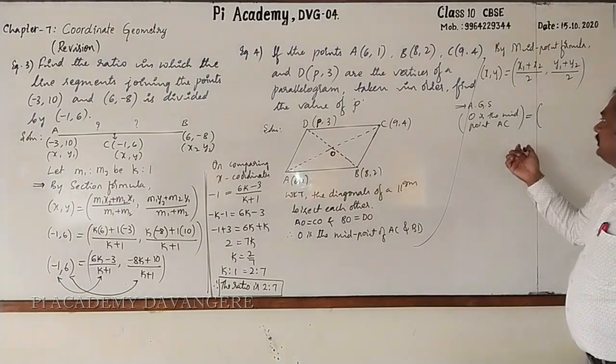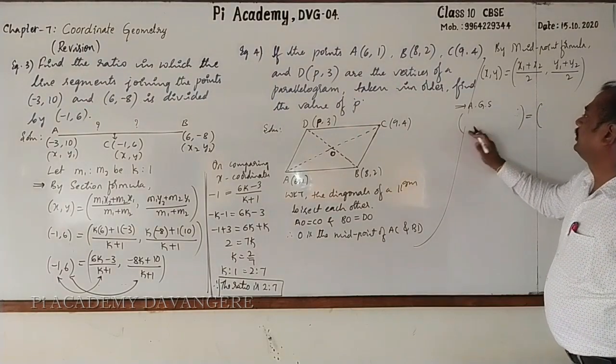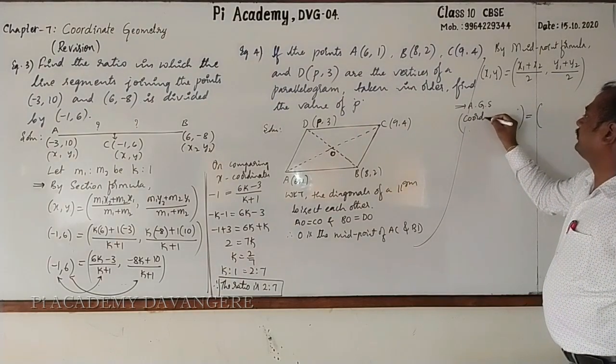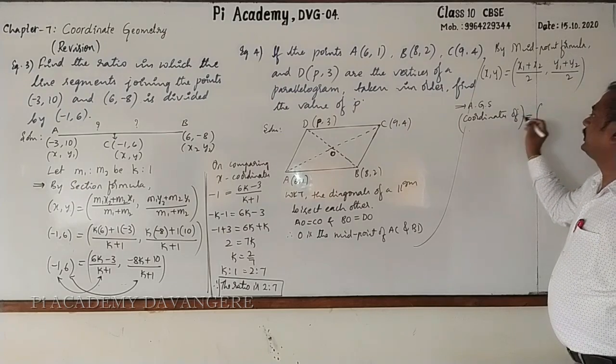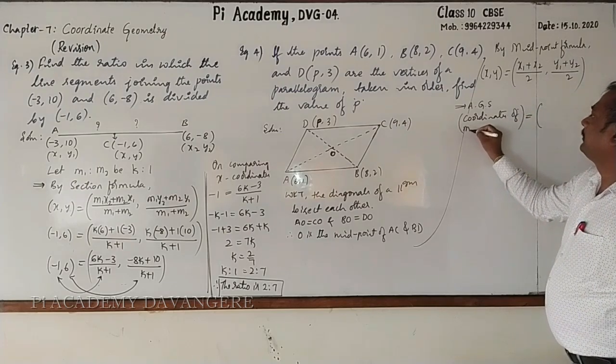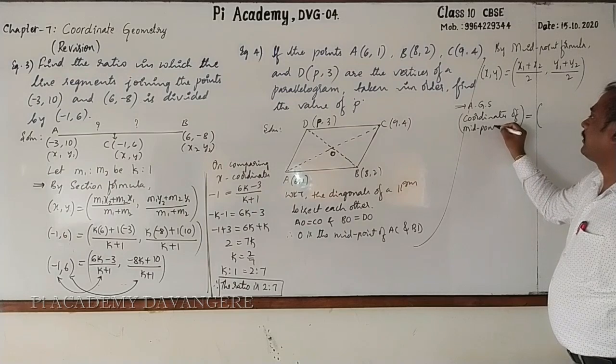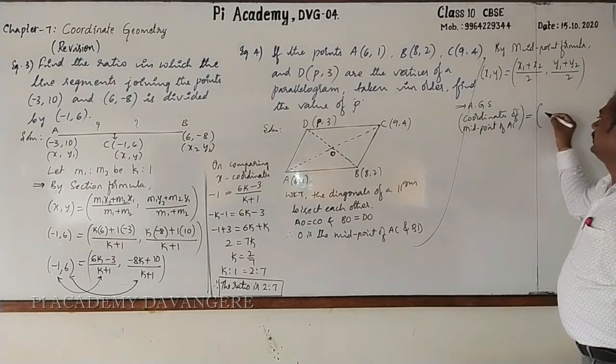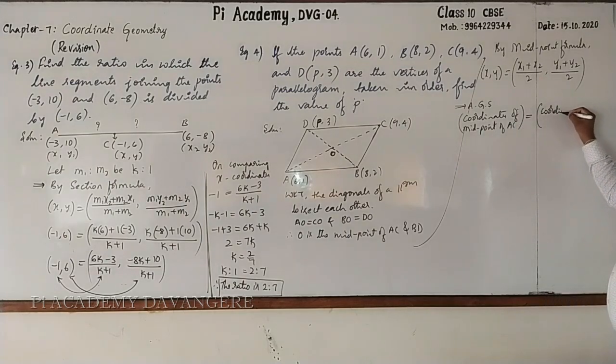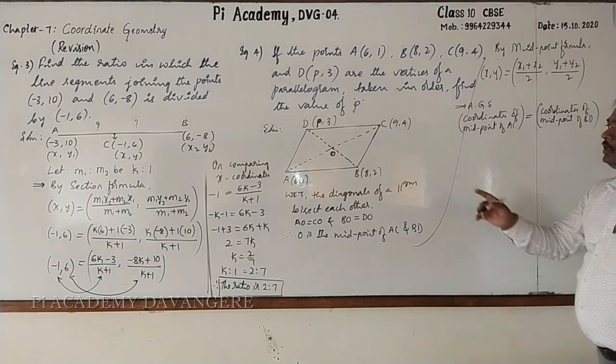You can write in that way as well. Coordinates of midpoint of AC is equal to coordinates of the midpoint of BD. Followed?